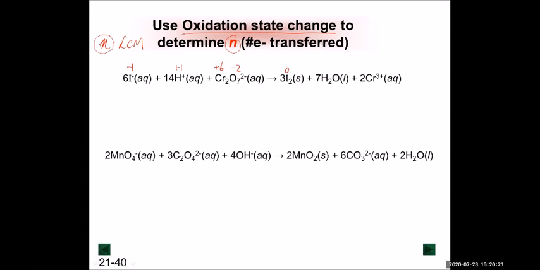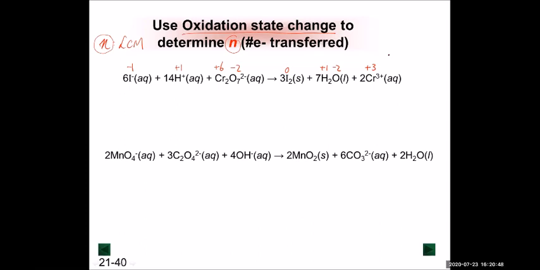You can see the two iodines have 0 charge, so each iodine is 0. And then water. Water, we start from hydrogen, which is +1, so the oxygen will be -2. And the last one is also a monatomic ion, so the oxidation number is +3.